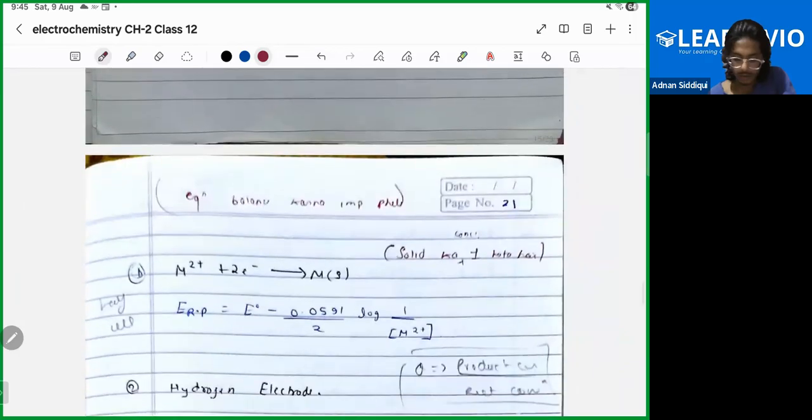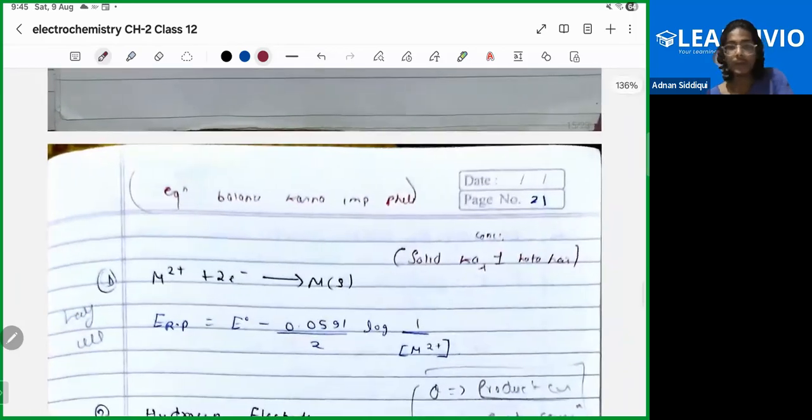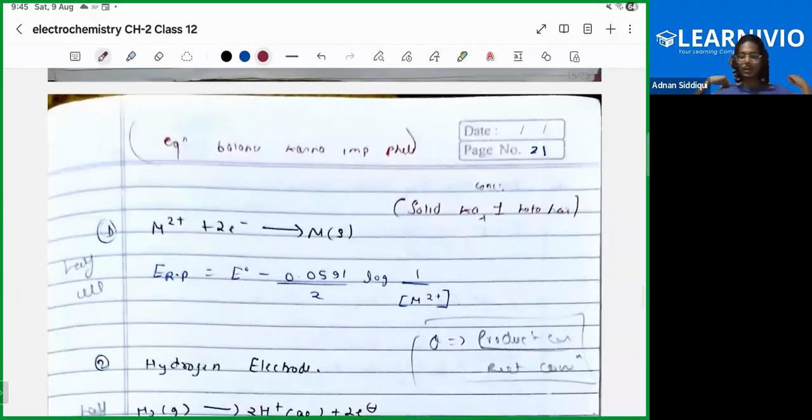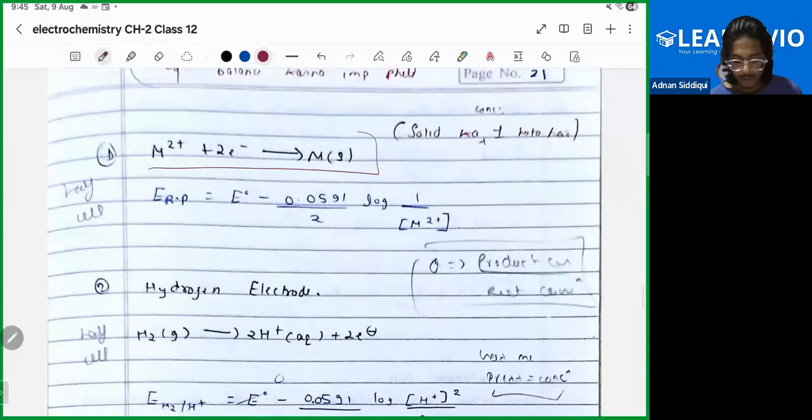Okay. So how are we going to use our Nernst equation while solving the questions given in the NCERT? Let us see the normal approach that we should follow. Suppose this is a normal reaction. What you are observing here is some metal in aqueous state, in +2 oxidation state, gaining 2 electrons and converting into a solid, right?